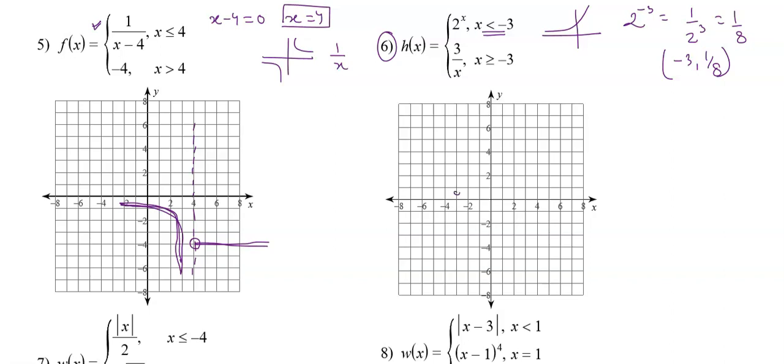We draw the graph to the left side because x is less than minus 3, but it will not touch the x-axis. Good guys, it is not touching the x-axis, and it does not reach minus 3. At minus 3 it is a hollow circle, a hole.